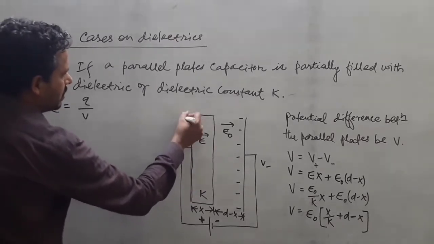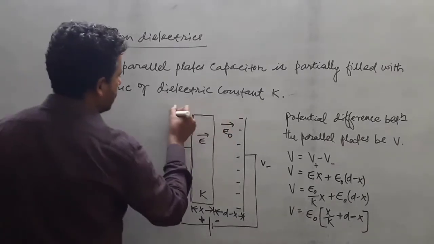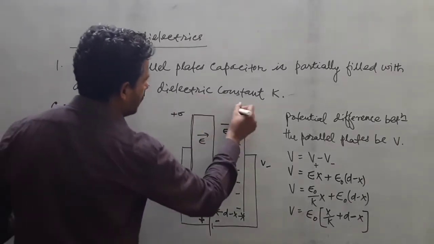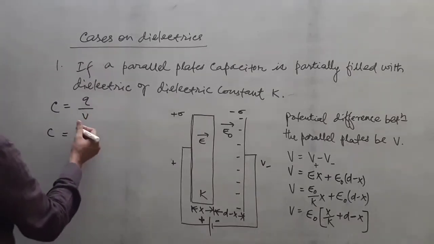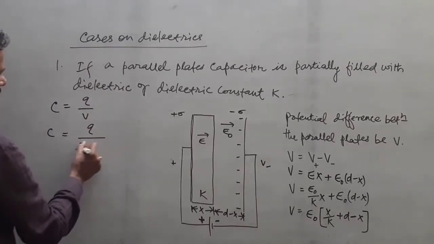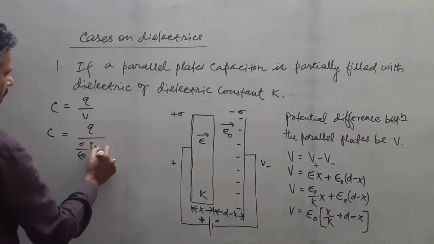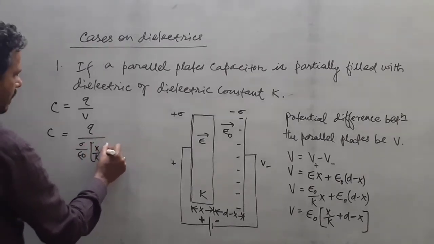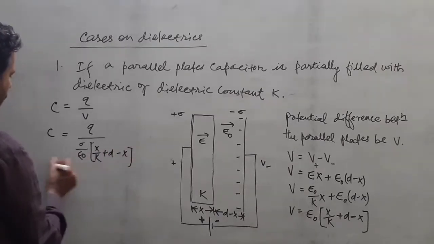Sigma is the surface charge density, and from here you can put that this one is positive and this one is negative. So you can put the value directly, that sigma by epsilon naught times X by K plus D minus X, and now put the value of sigma.